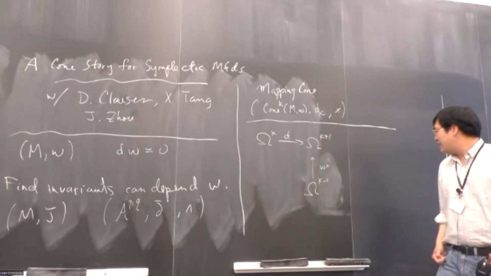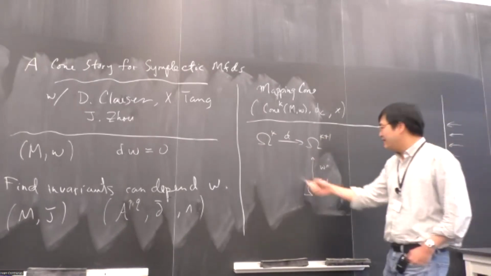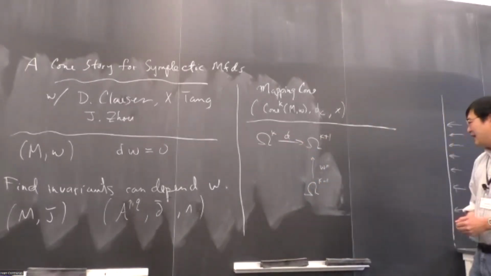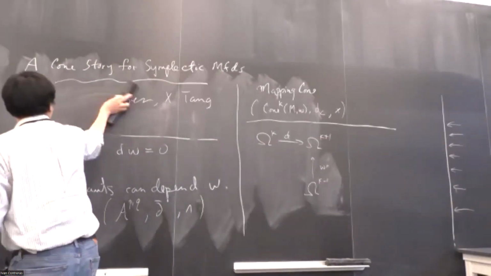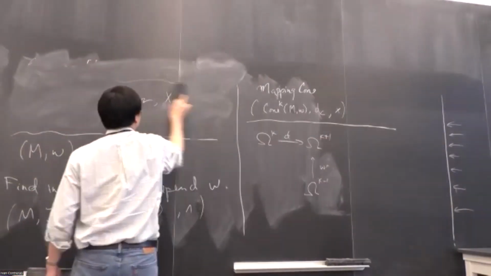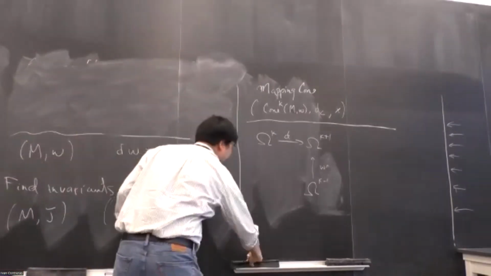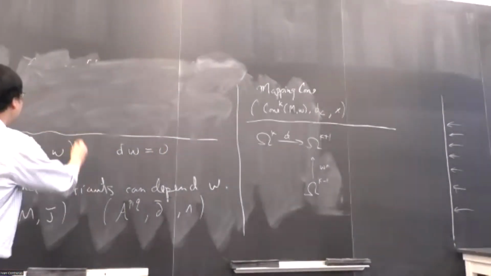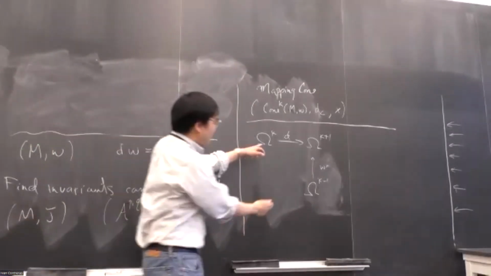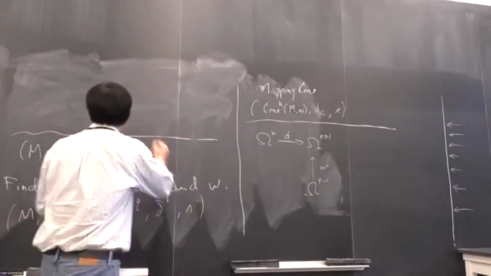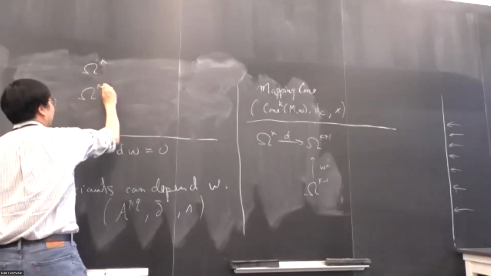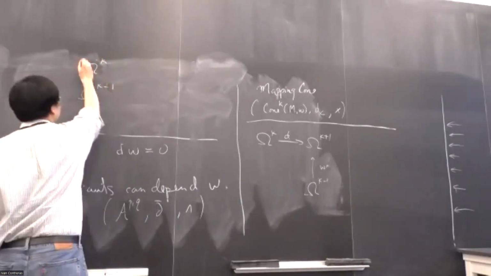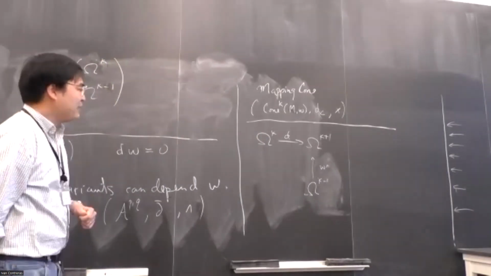Okay. Now, if I were to write this in terms of a vector, what we have here is effectively a pair of forms of degrees, right? So let me write it in vector notation. K minus 1, right? Okay.